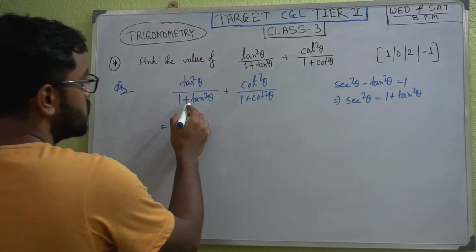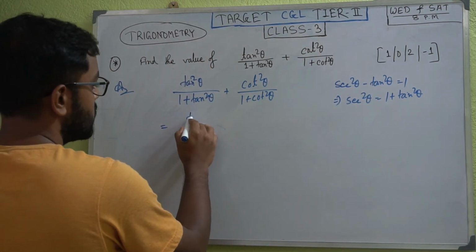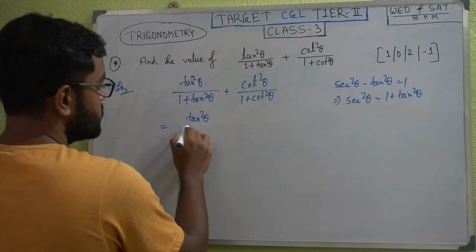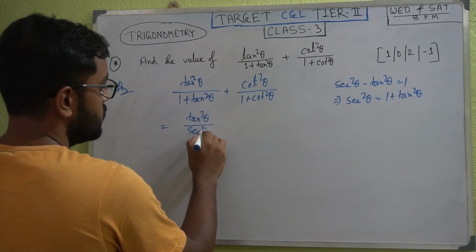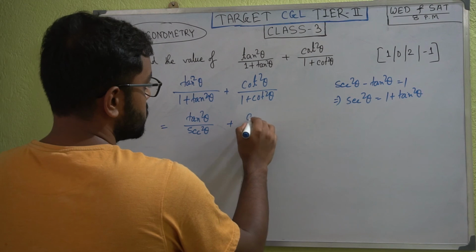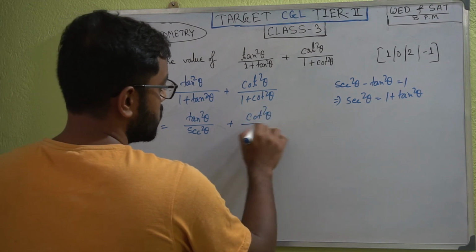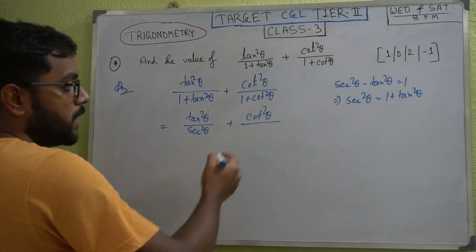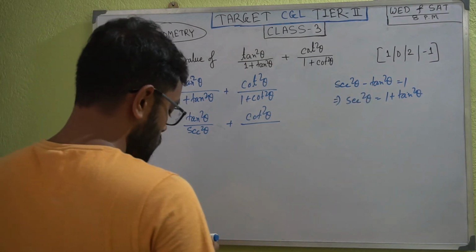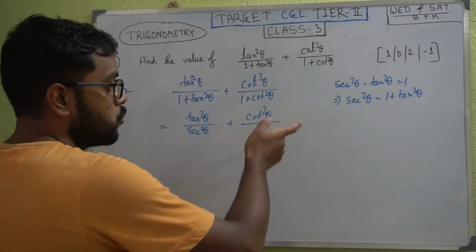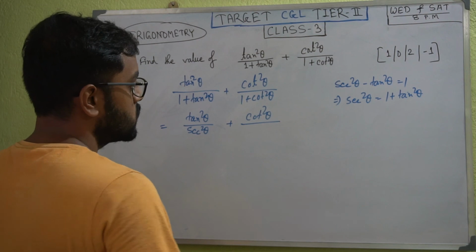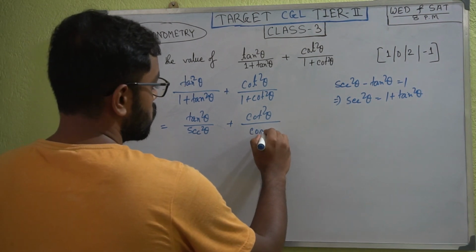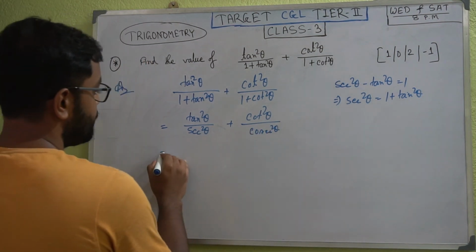So we can put the value of 1 plus tan square theta, that is tan square theta by sec square theta plus cot square theta by, we also know that cosec square theta minus cot square theta equal to 1. So we can put the value of 1 plus cot square theta equal to cosec square theta.